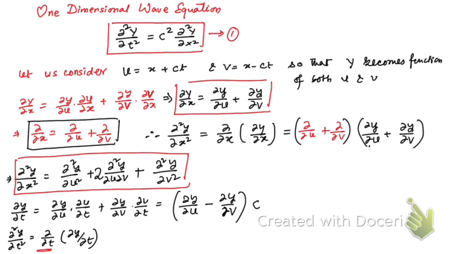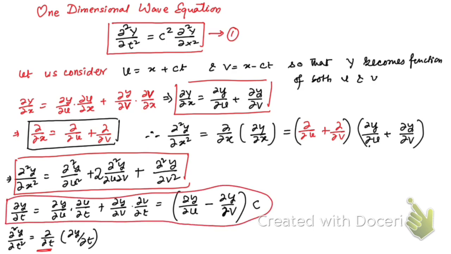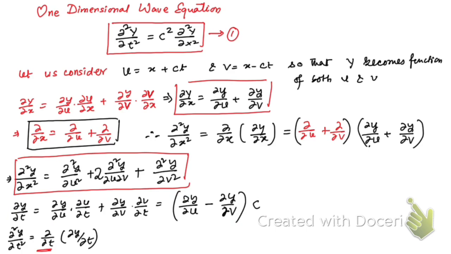You see, this equation implies that del t is going to be equal to del u plus del v into c, right? What we can do is replace this one by this result, and this by this. I hope you have understood this, because del y by del t is equal to this one.